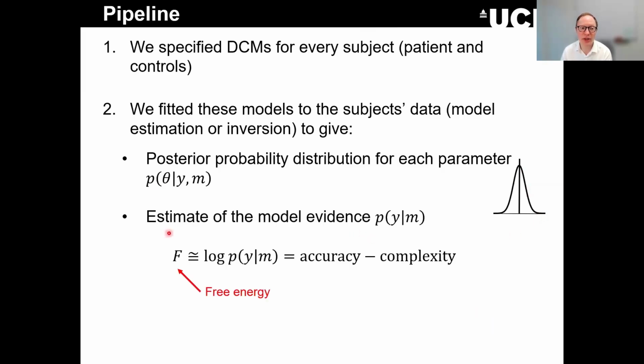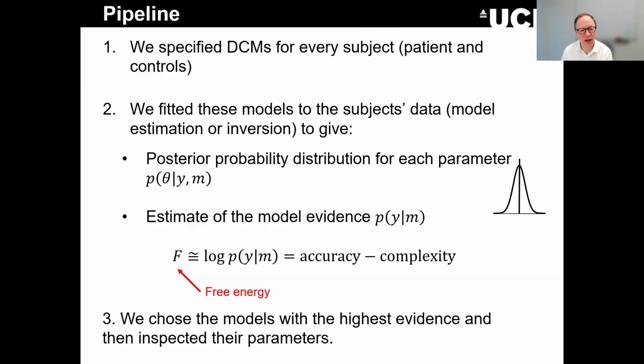Parameters, for example, would be the connection strengths, A, B, and C. We also got an estimate of the model evidence, the quantity that tells you how good the model is. Because you can't calculate that exactly, we approximate it using something called the free energy. We then chose the models that had the highest free energy or the highest log evidence, and then we looked at those best models and inspected their parameters.